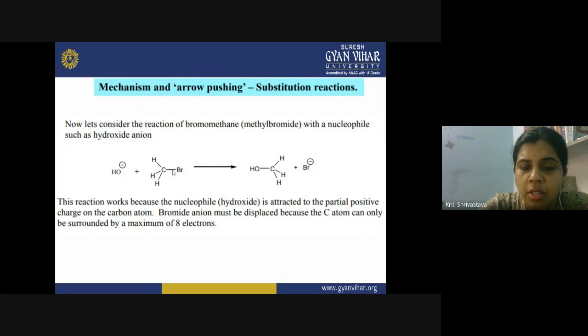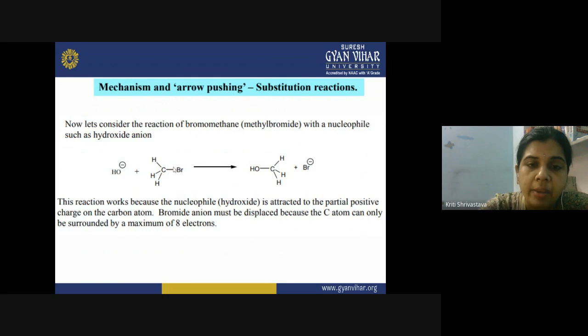So on this alkyl halide molecule, where will it attack? What is the possibility? Will it attack the carbon atom, or will it attack the bromine atom? Your simple wisdom says what? Bromine is an electronegative atom.